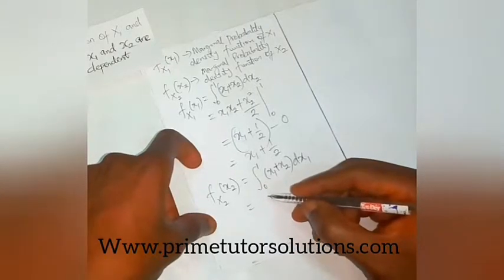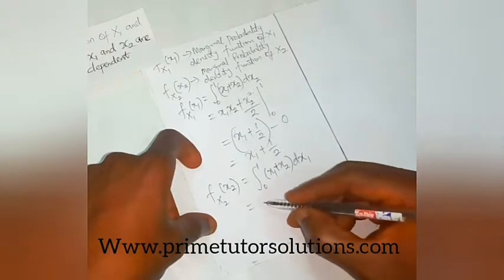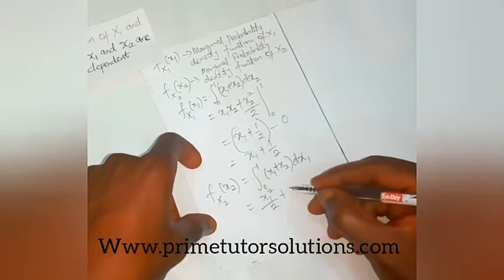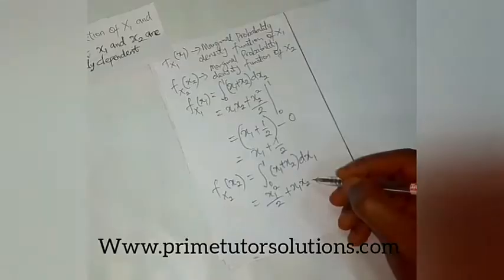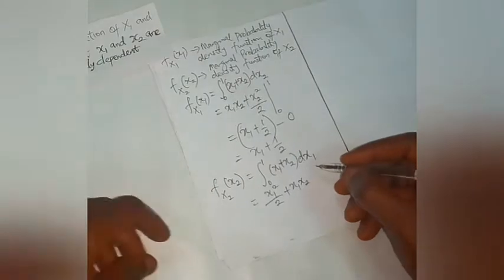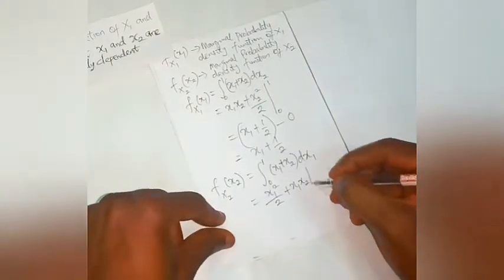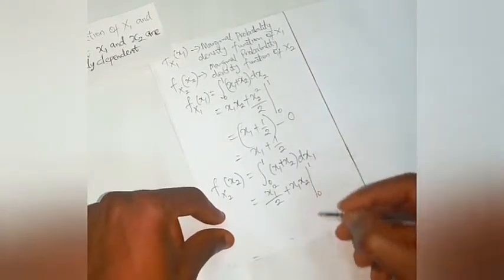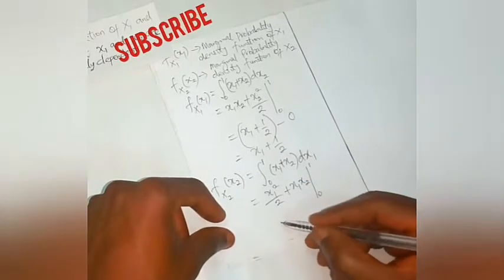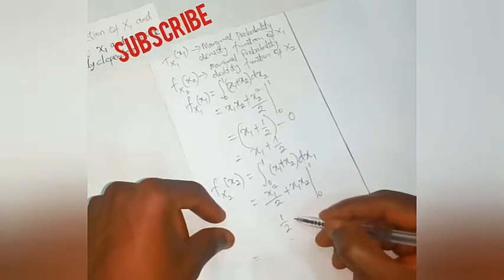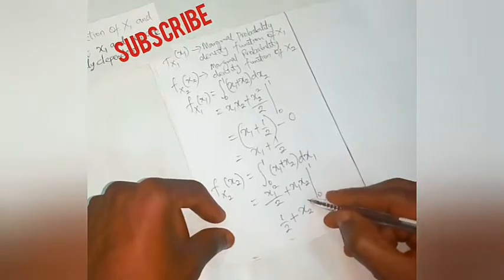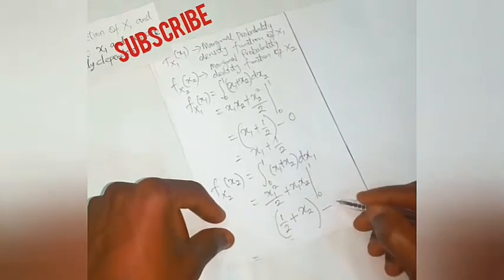This will give us x1 squared over 2 plus x1 x2, subject to 0 and 1. If you input the values, we have 1 over 2 plus x2 minus 0.